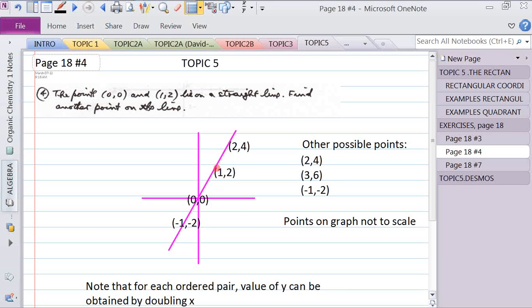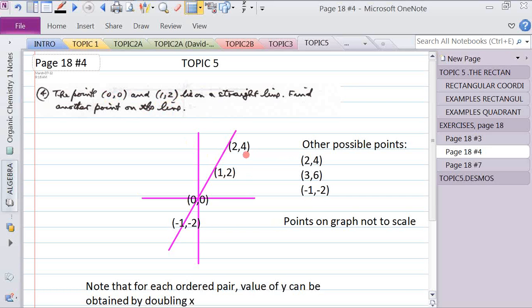So x is 1, y is 2, and these are not drawn to scale, just roughly. One thing you can see, if you look at the relationship here, the y value is always twice the x value. Always. Certainly it's true for here, and it's true for here. We look at this, 2 times 0 is 0, but it's really this number here. We see x is 1, y is 2.